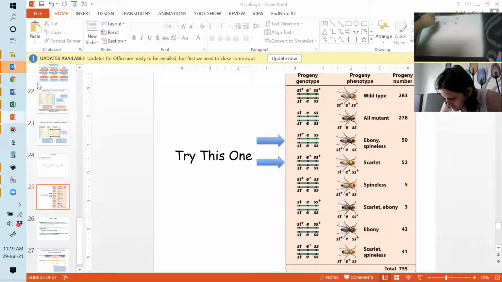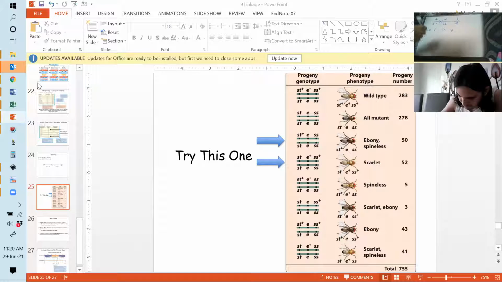Essentially, if we're going to have a crossover here, we're looking for single crossovers between ST and SS, and hopefully this will answer your question too, Adam. You can follow it with your pen. We're going to have plus SS E, which is the ebony spineless that Rose picked up.